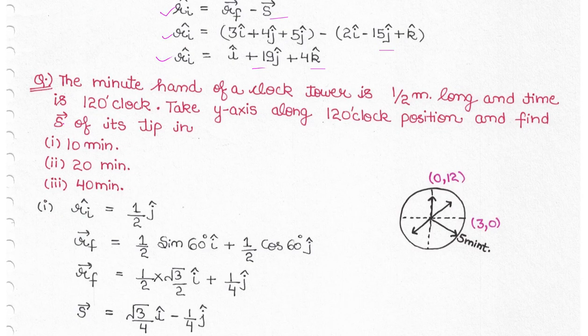Now, if the minute hand of a clock tower is half meter long and time is 12 o'clock, then take y-axis along 12 o'clock position and find S of its tip in 10 minutes. So we can write Ri is equal to half j.